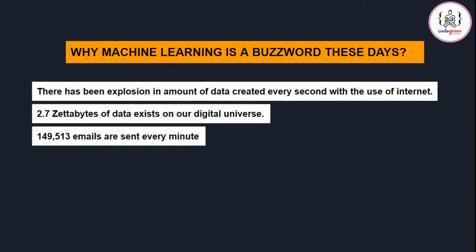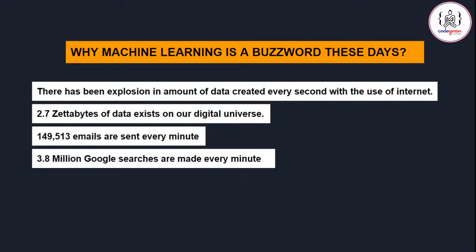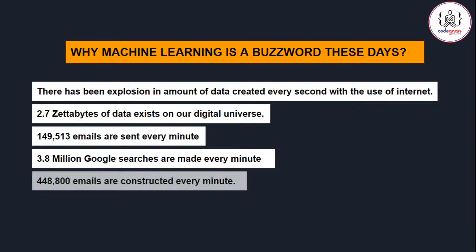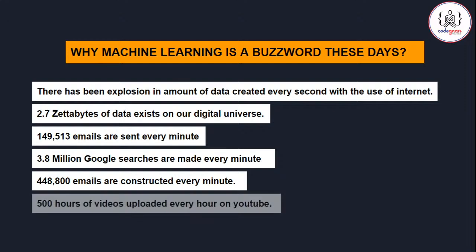Emails are sent every minute. 3.8 million Google searches are made every minute. 800 emails are constructed every minute. 500 hours of video are uploaded to YouTube every hour. Now you see how much data we are generating through the use of the internet.